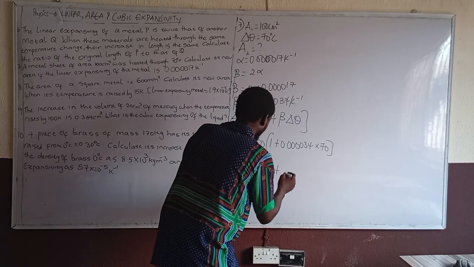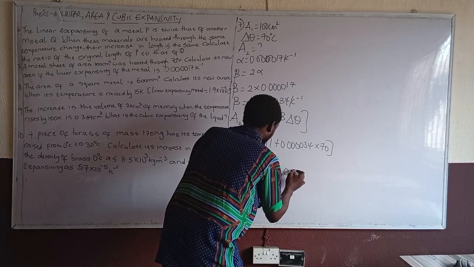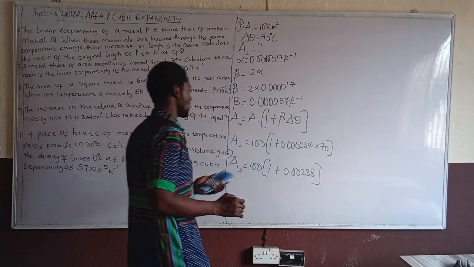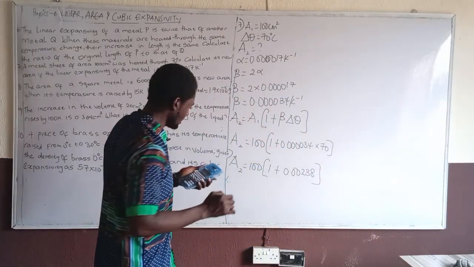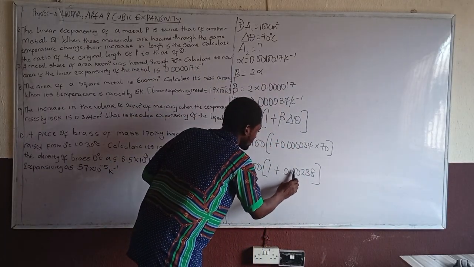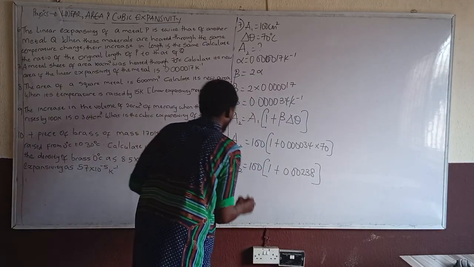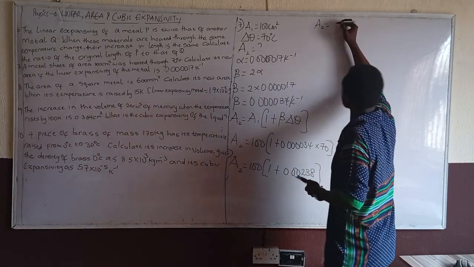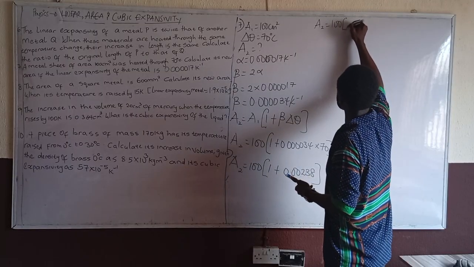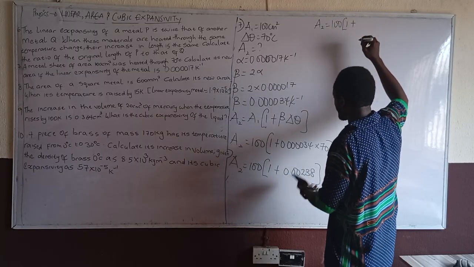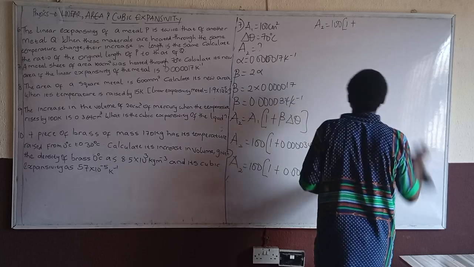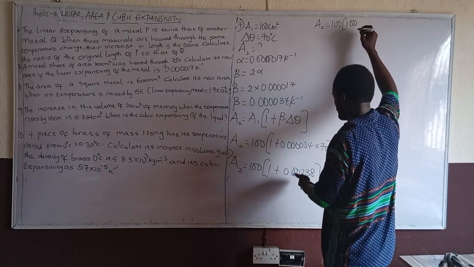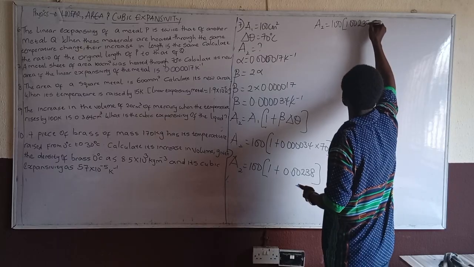That will give me 0.00238. So my A2 becomes 100 times (1 plus 0.00238), that is 1.00238.